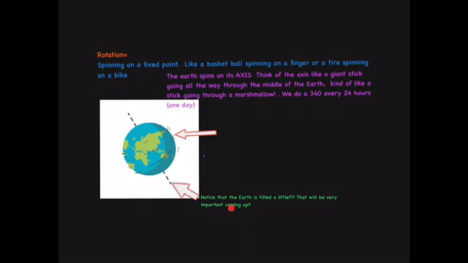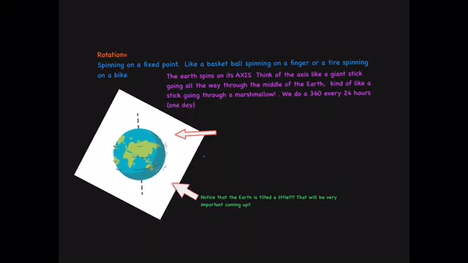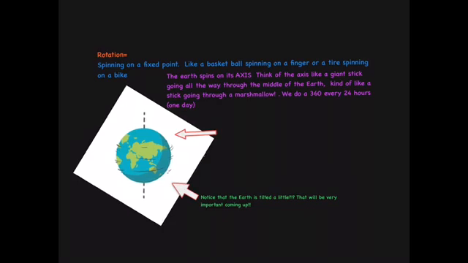Now, I also want you to notice that the Earth is tilted a little bit. Now, that's going to be very important in the next slide, but I want you to notice that the Earth is kind of like leaning forward a little bit. If the axis was straight, it would actually kind of look like this.